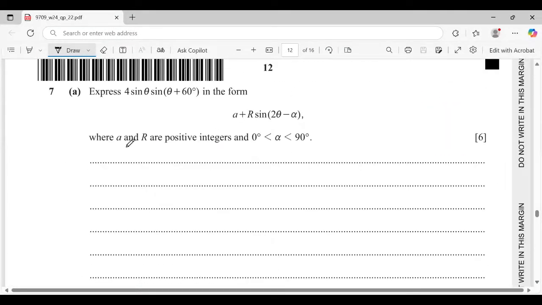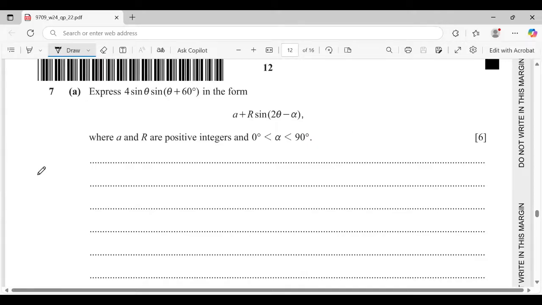Number 7. Express 4 sine theta plus 60 in the form a plus r sine 2 theta minus alpha, where a and r are positive integers and alpha is in the interval 0 to 90.